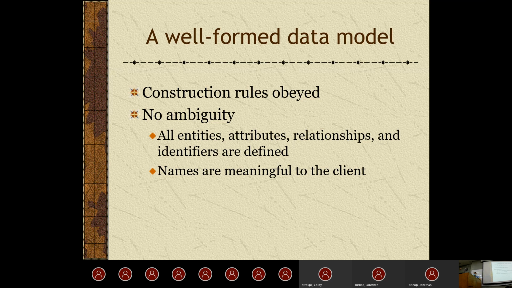So imagine if our student attribute, instead of having things like first name, address, phone number, imagine if we had student 01, student 02, student 03, and each of those were our attributes. Is that clear? Do you know what student 03 is? You do not. So you want to make sure that you have meaningful names, that stuff is logical, and that it follows the business rules. That's a well-formed data model.